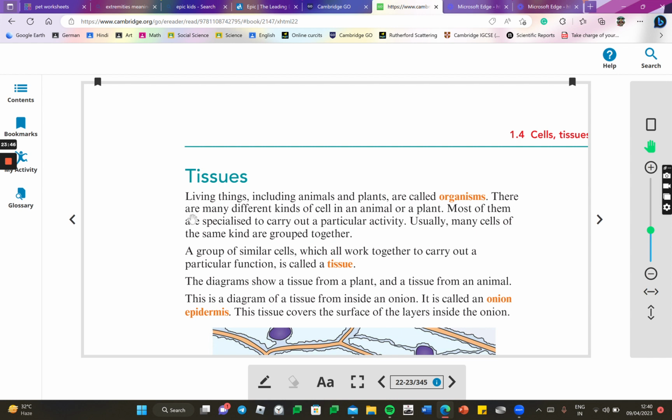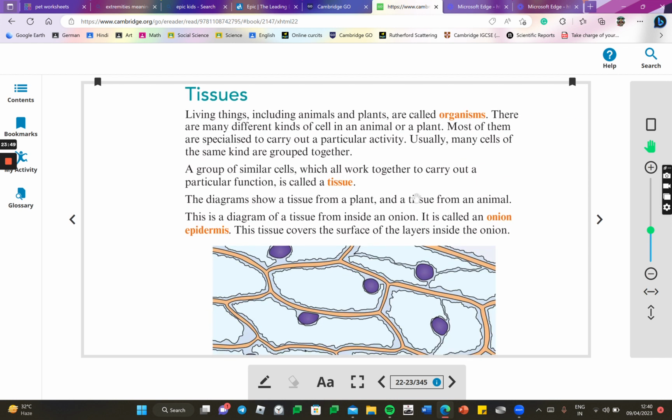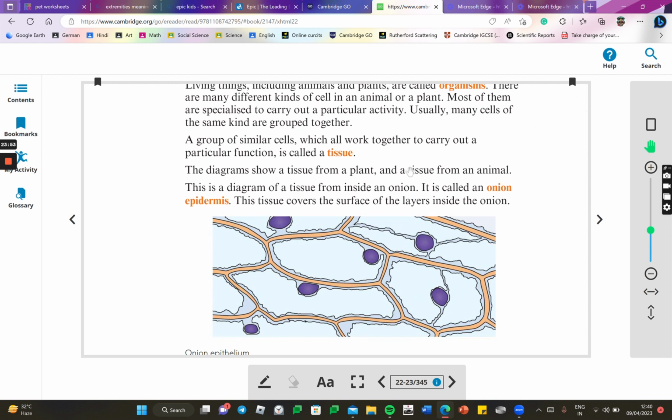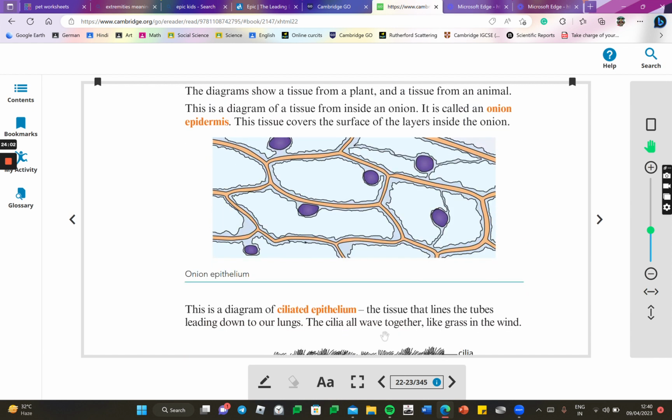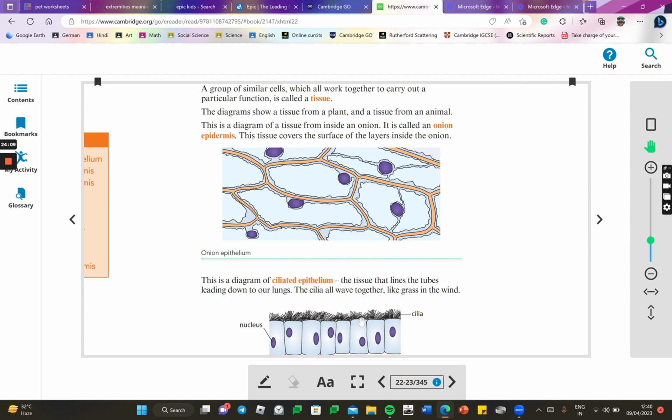A group of cells which all work together to carry out a particular function is called a tissue. Here we see how the cells of onions look under a microscope. Okay, this shows a ciliated epithelium, meaning a tissue of ciliated cells together.